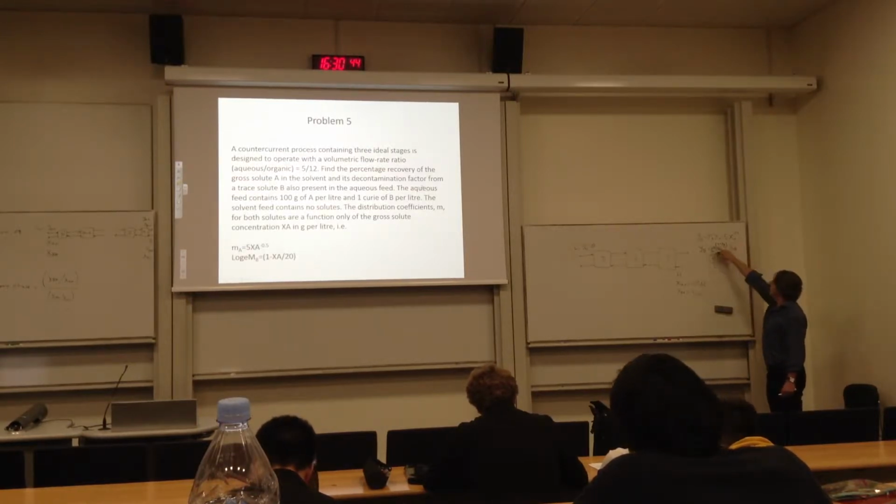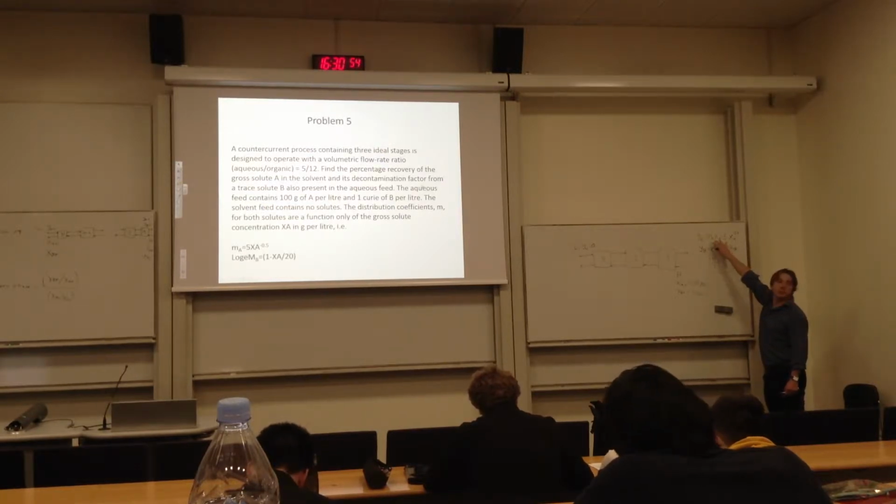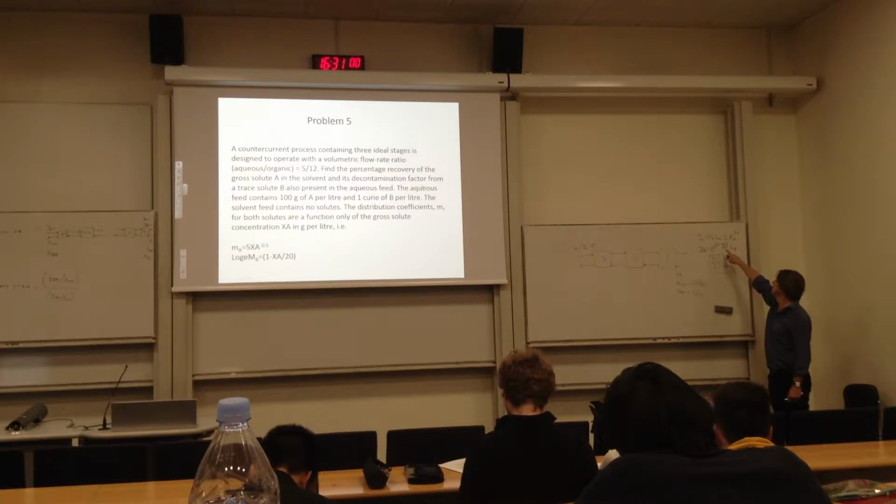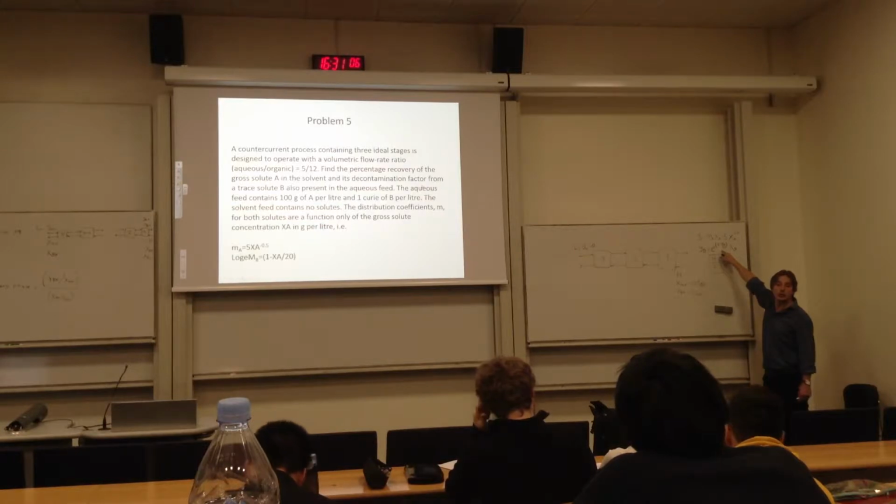A is not a linear relationship between YA and XA, but this depends only on A, whereas for B, the equilibrium depends on the concentration of A. So the proportionality between YB and XB depends on A. This is an important fact here.